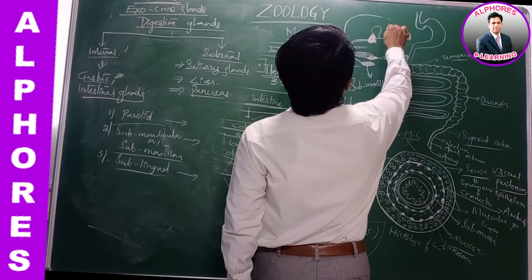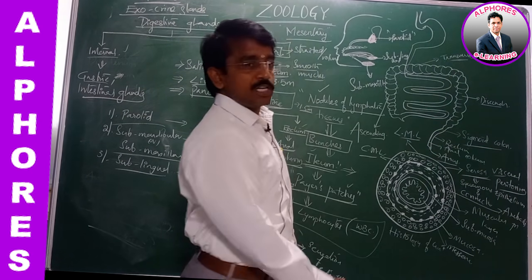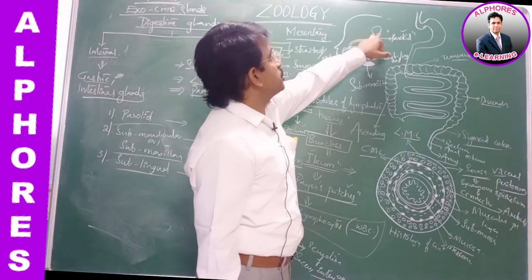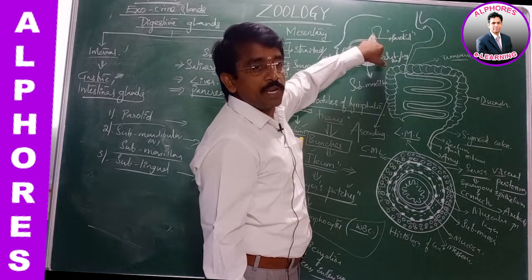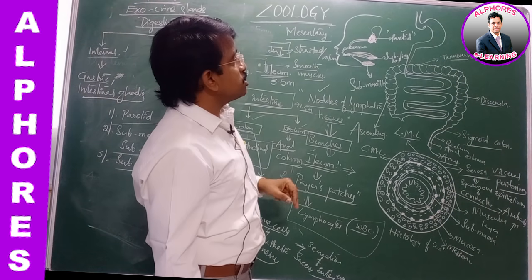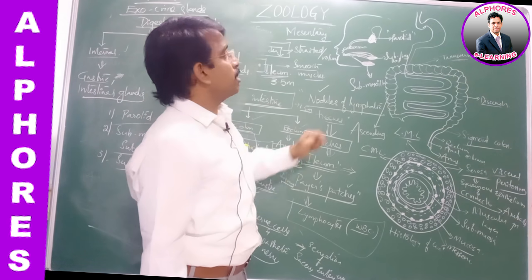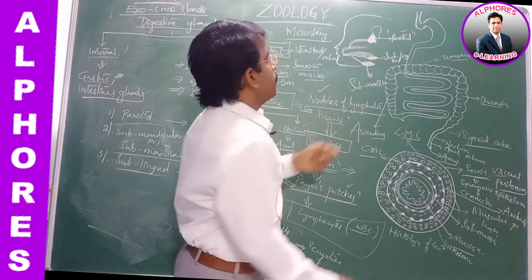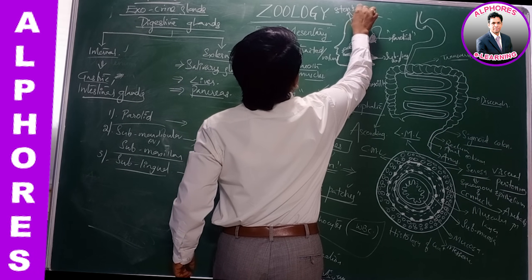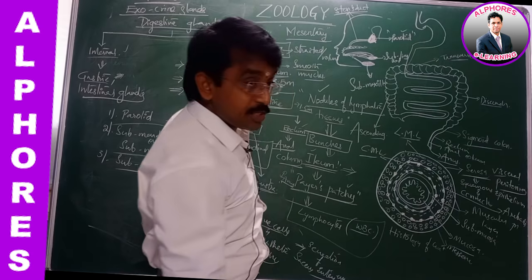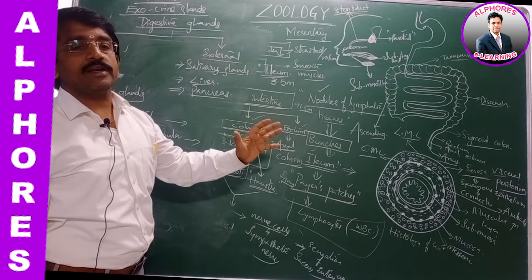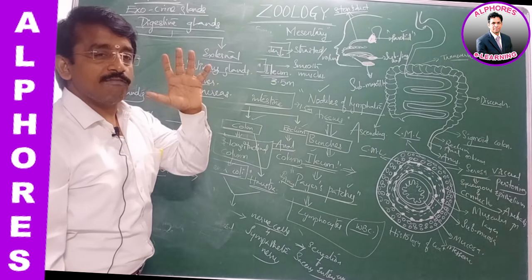Look here. These are the parotid glands. The parotid glands are the largest salivary glands and are present below the pinna or external ear. Just now we saw that the digestive glands are exocrine and duct glands; they have a duct.